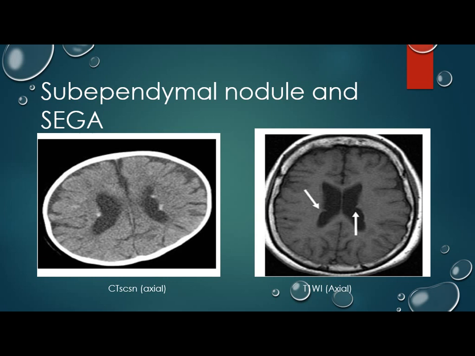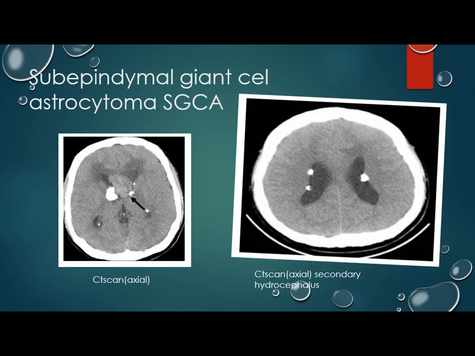We can differentiate them only by MR spectroscopy. In giant cell astrocytoma there is a high choline to creatinine ratio and low N-acetyl aspartate to creatinine ratio. This is subependymal giant cell astrocytoma.